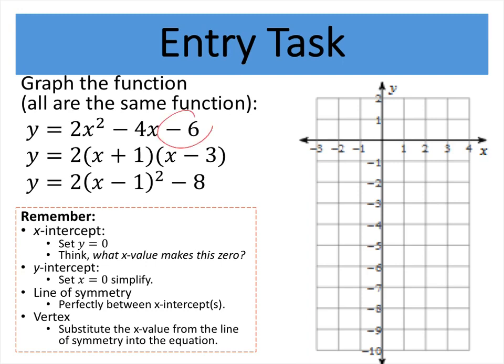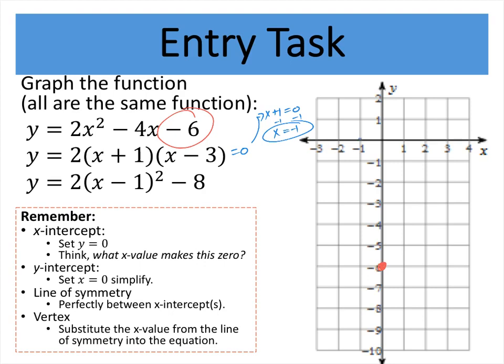So this right here at -6, that's our y-intercept. It's right there. Our factored form, when we set it equal to 0 and then solve, we find out that either x plus 1 equals 0, and so that makes x equal -1. So that's one option.